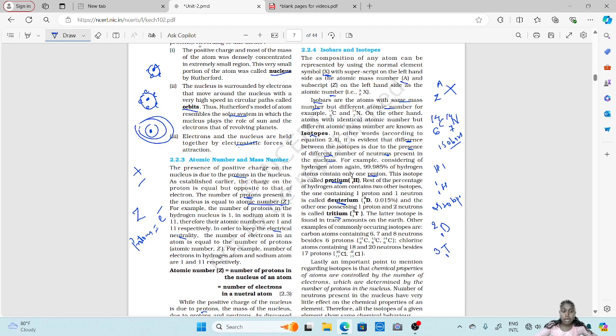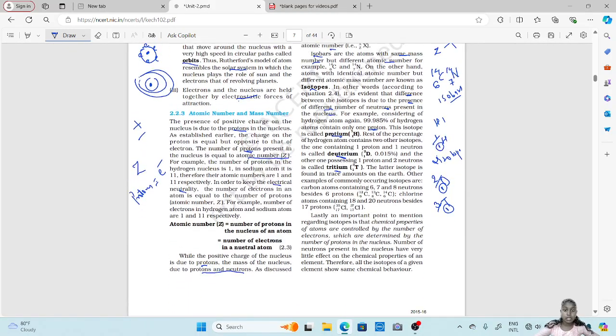So these are the isotopes of hydrogen, where the atomic number remains the same but the mass numbers change. The latter isotope is found in trace amounts on the earth. Other examples of commonly occurring isotopes are carbon atoms containing 6, 7 and 8 neutrons besides 6 protons.